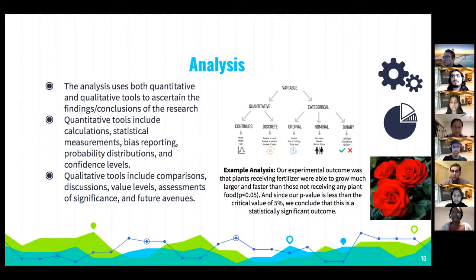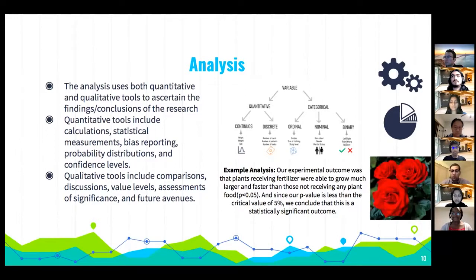Now to the qualitative tools of our analysis, that could include verbal and logical comparisons, discussions of results, value levels, discussions of potential qualitative biases and how to improve the experimental procedures, assessments of significance, future avenues, and any form of verbal or non-numerical discussion.